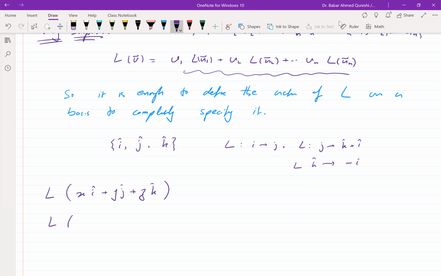Let's take a concrete example: 3i minus 4j plus 2k. So 3 comes out, i goes to j. Minus 4 comes out, and j goes to k plus i. And 2 comes out, and k goes to minus i.